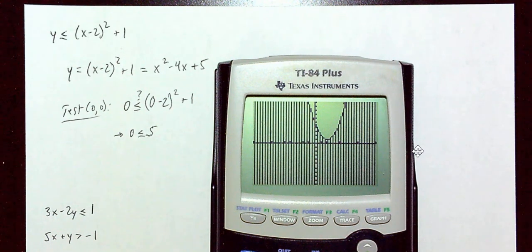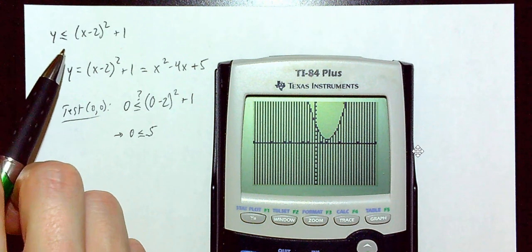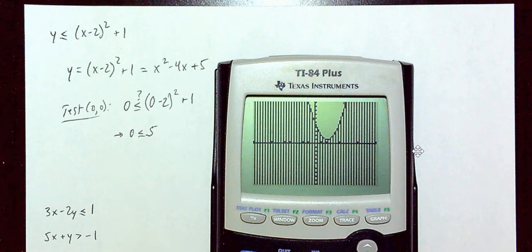So everything that's shaded here, these are all solutions to this given inequality in two variables. Everything that's in these vertical filling in lines, I put those in air quotes, every point in there is a solution to the given inequality.